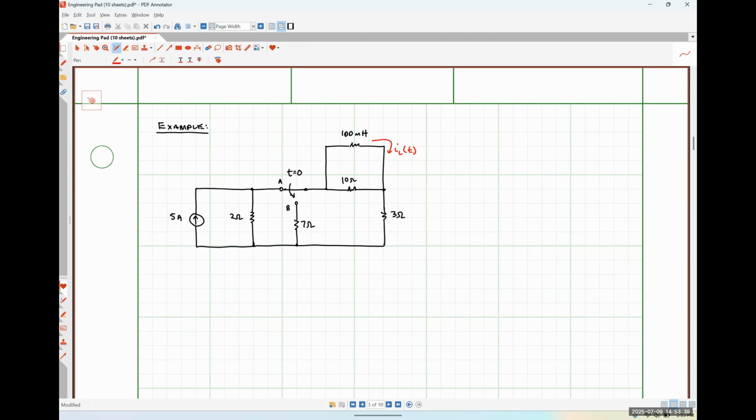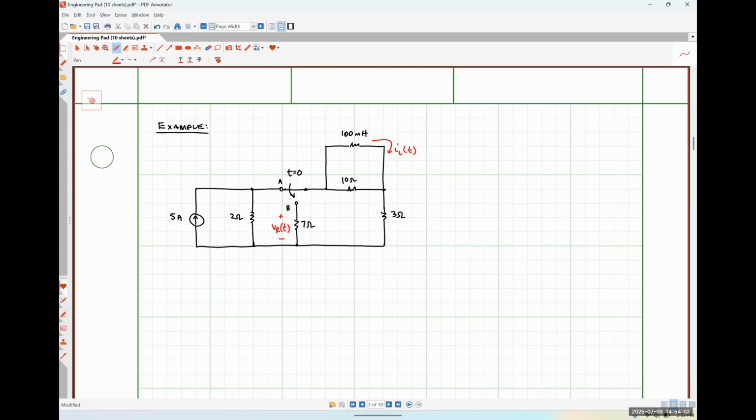So somebody spit something out. The voltage drop across the 7 ohm resistor. So let's call that VR of t, like so.